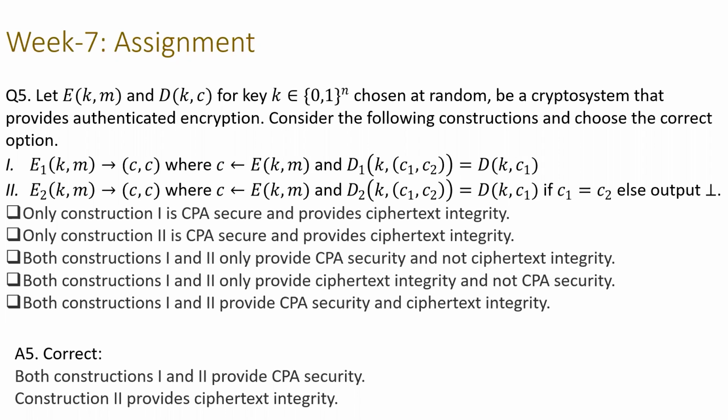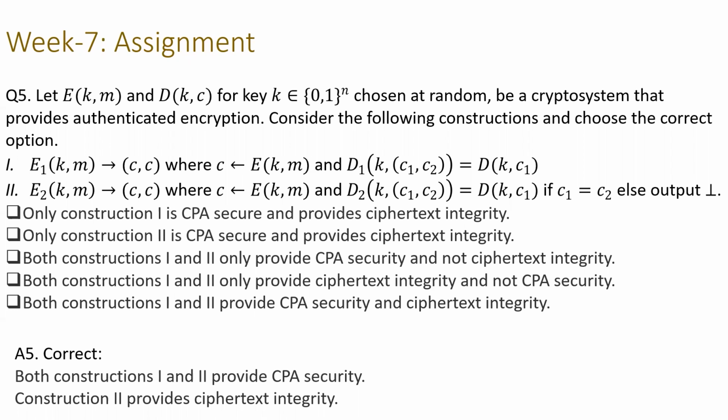Now, in the case of the ciphertext integrity game, I actually did not find any such mechanism by which the adversary is able to come up with some C1 dash C2 dash pair. Of course, C1 dash has to be C2 dash anyway, otherwise it will return bot, right?